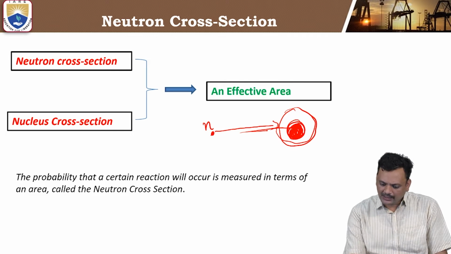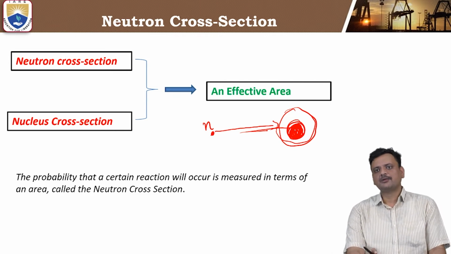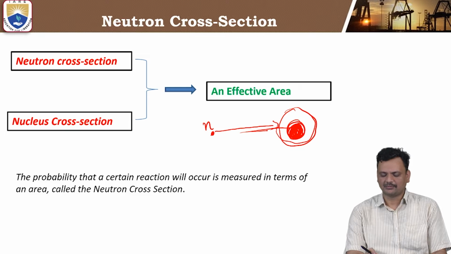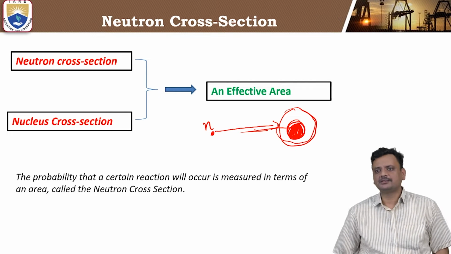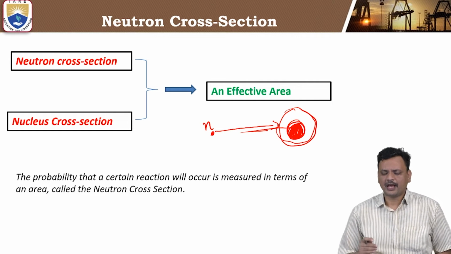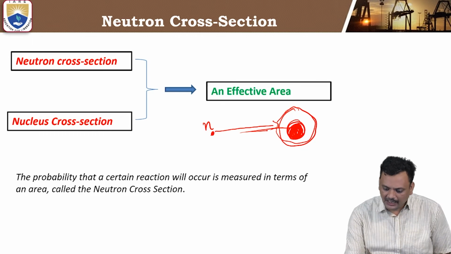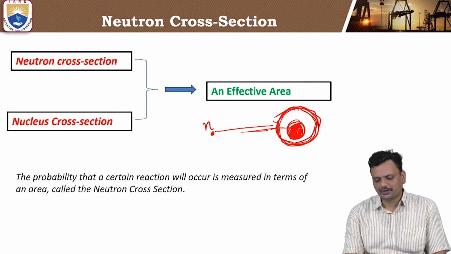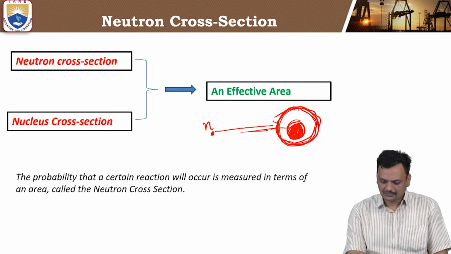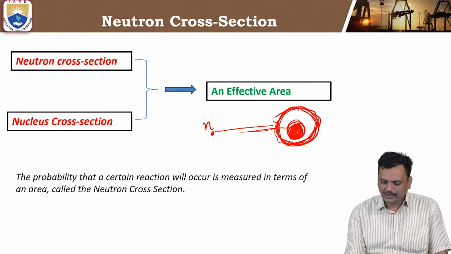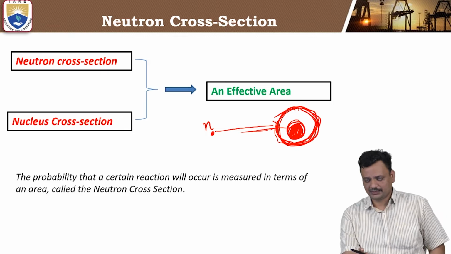Obviously, a neutron can exactly strike the nucleus, and that type of reaction is known as a scattering phenomenon. But all the major nuclear reactions, like nuclear fission or absorption, happen nearby the nucleus, not at the exact nucleus. Why nearby the nucleus? Because the nucleus has some potential nearby it, and that potential is governed by nuclear forces.